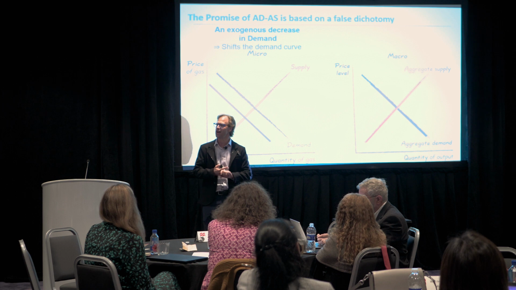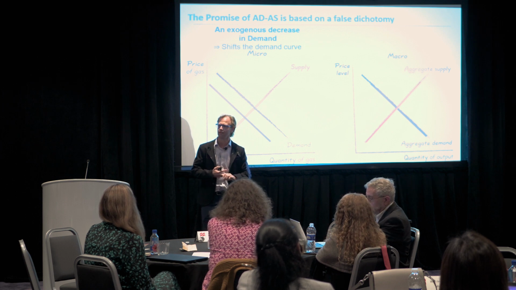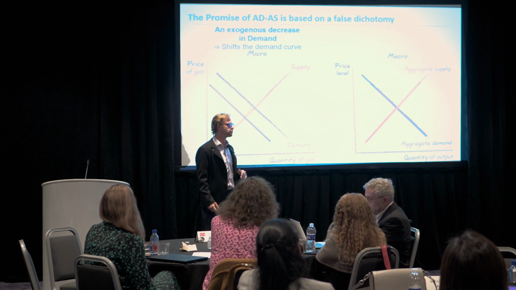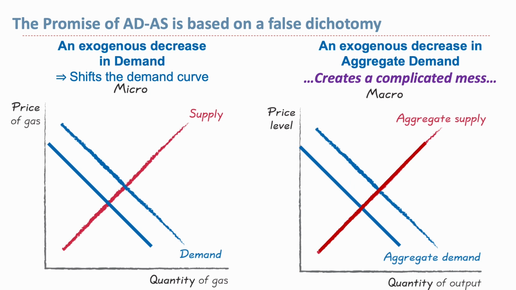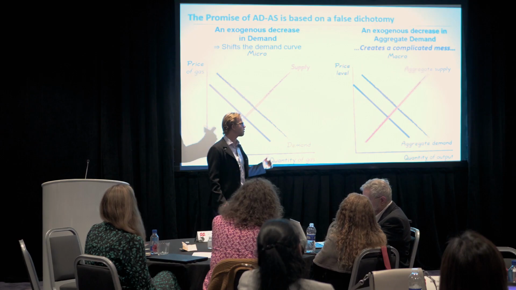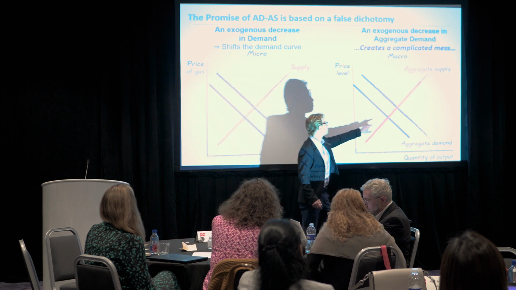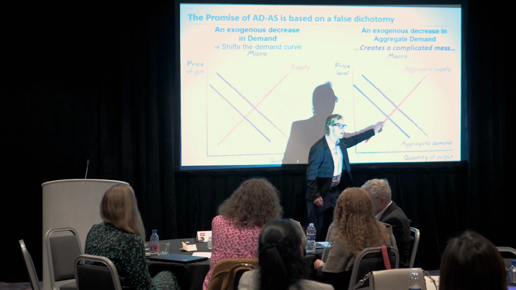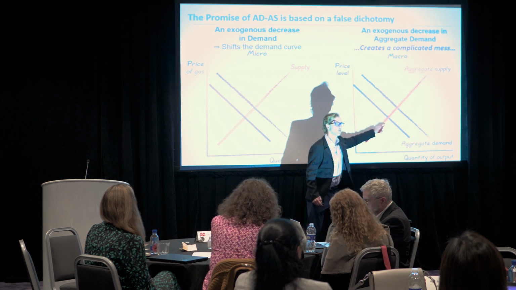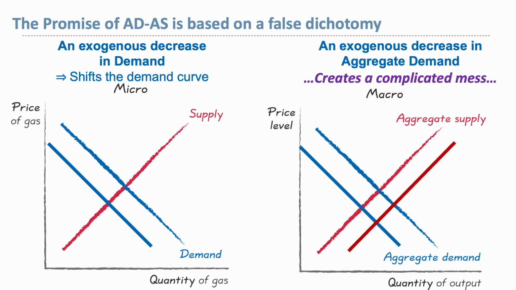Microeconomists in the room should take a bow now at the elegant simplicity of their models. Let's try macroeconomics. If there's a decline in aggregate demand, what happens? Well, the aggregate demand curve shifts to the left. And then there's the miracle of an immaculate shifting. Somehow a shift in the aggregate demand curve now means that we have unemployment, that bids wages down, that therefore causes, the shift in the demand curve causes a shift in the supply curve.